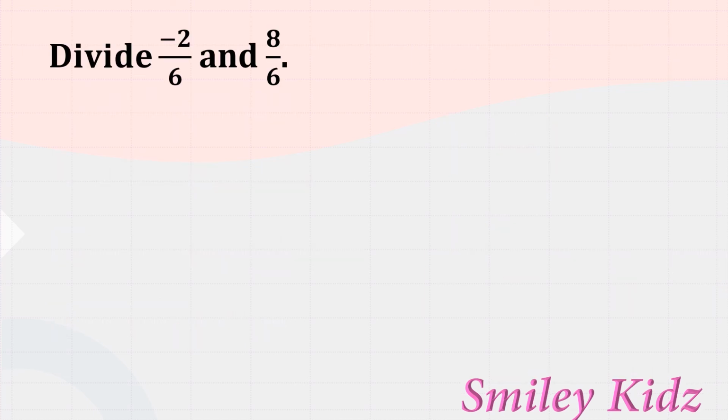Let's see few more examples. Divide minus 2 by 6 and 8 by 6. So do not forget the code LCF. Okay. Now let's solve this. Minus 2 by 6 divided by 8 by 6. Apply the LCF.